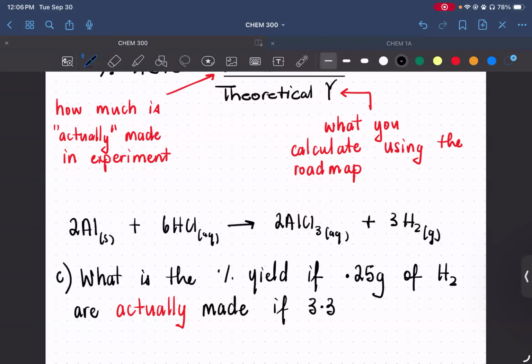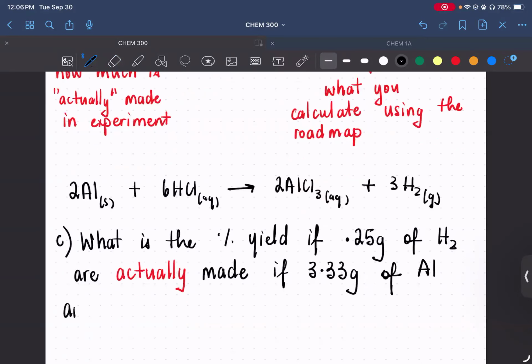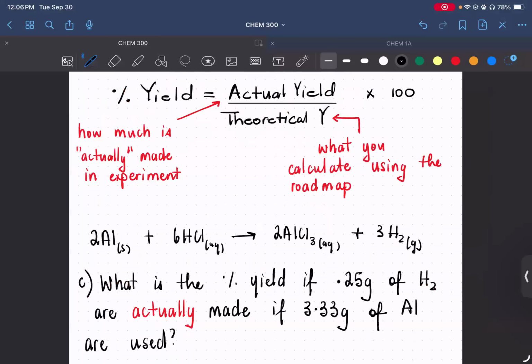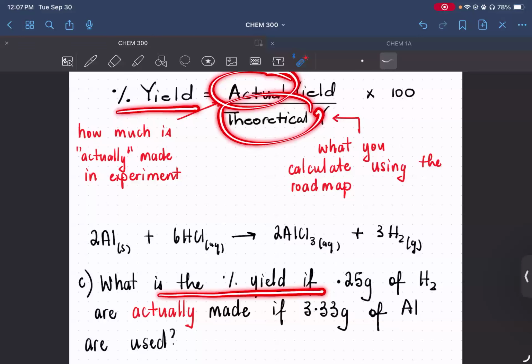If 3.33 grams of aluminum are used. Okay. So ultimately, the question is asking for the percent yield. Percent yield's formula is actual over theoretical.